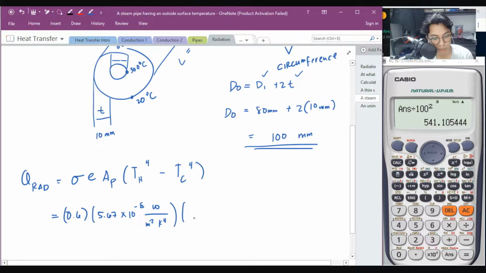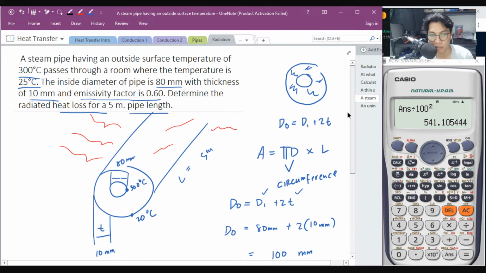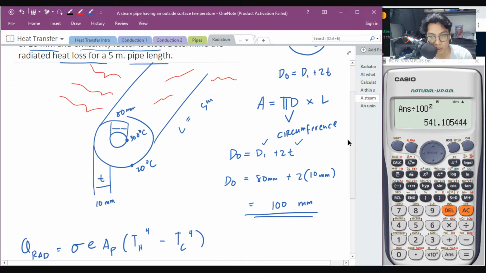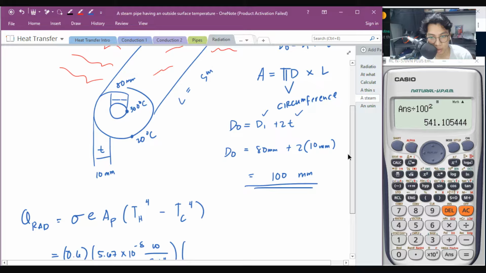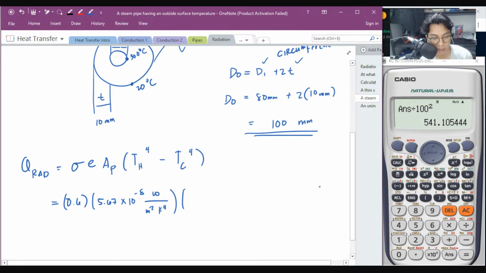Area projected, that is pi dl. Ano ba yung paglalampasan dyan? Okay? Pi dl. The outside, inalagyan mo ng heat loss. Outside na lang. Okay? Gagamitin pa ba natin tong dulo? Pi dl. Thickness of 10 mm. The area, pi do dl. Do lang talaga.